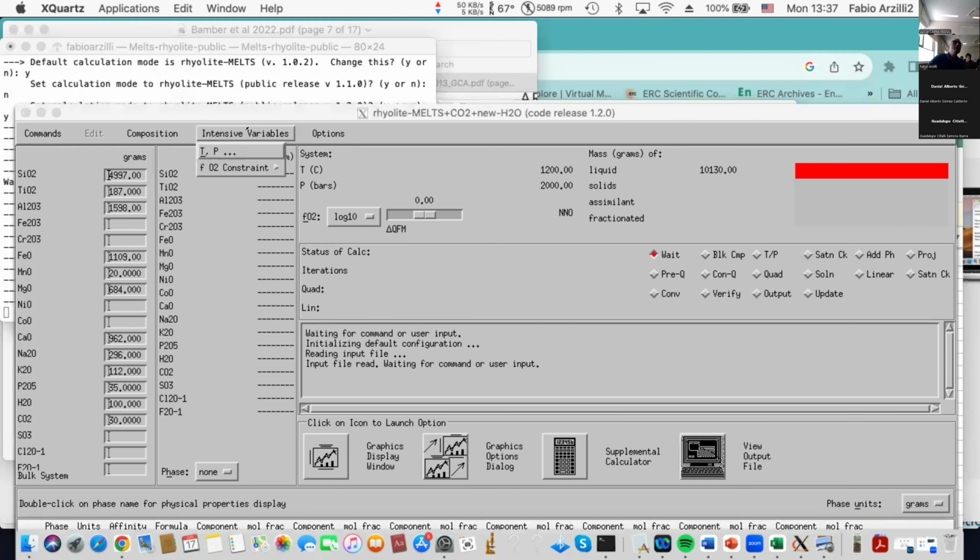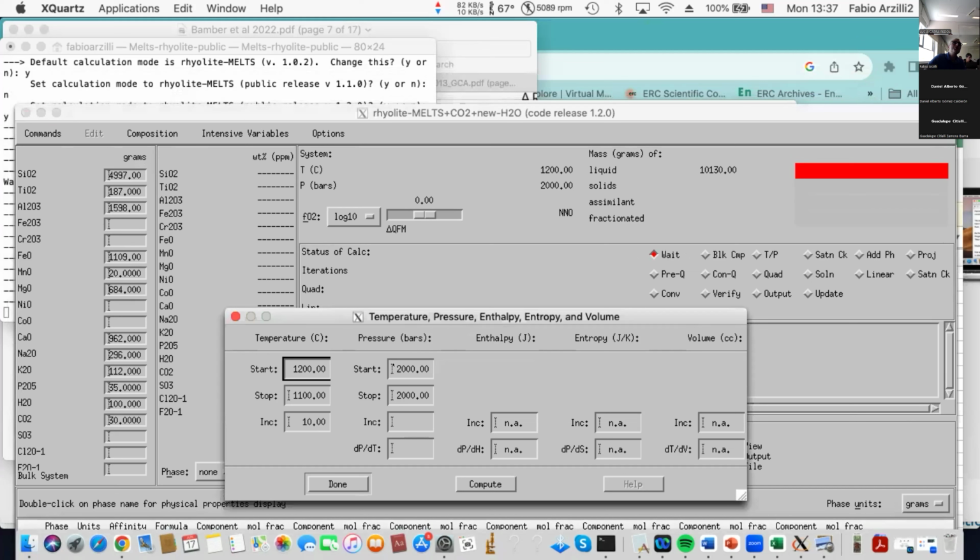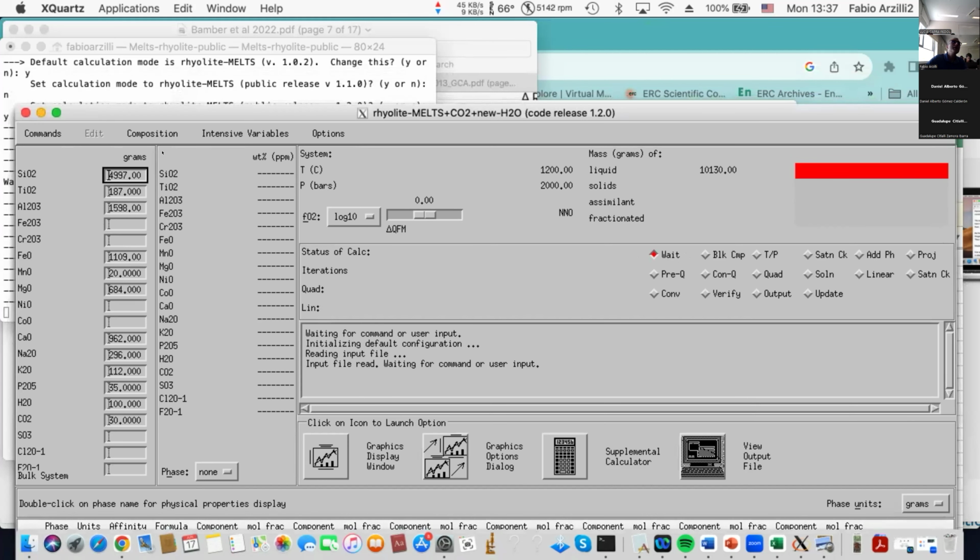Now, the pressure variable we change to 1000 bar. 1000 bar. Say okay.